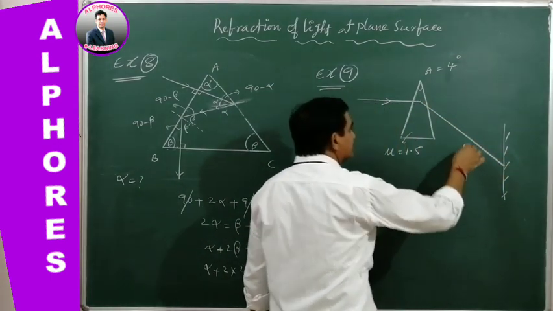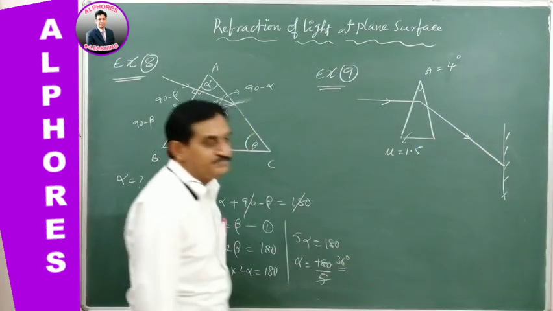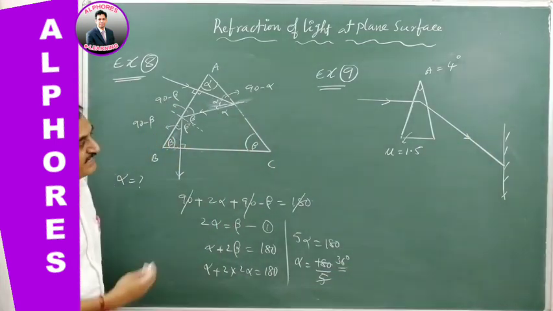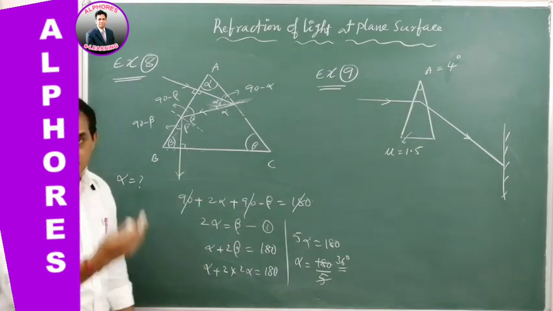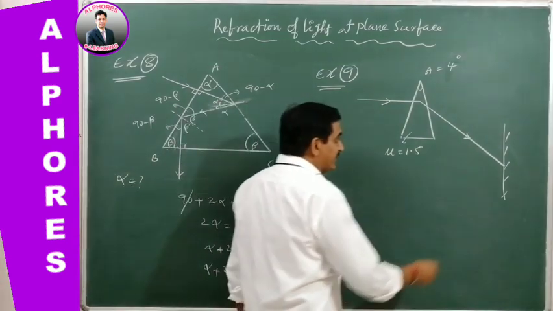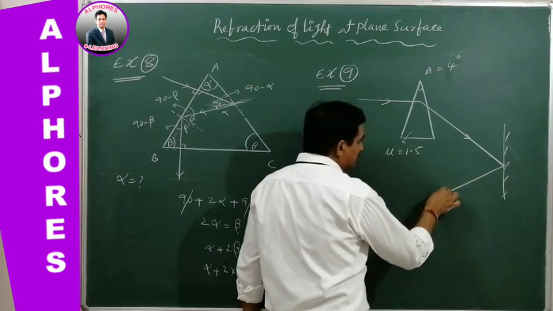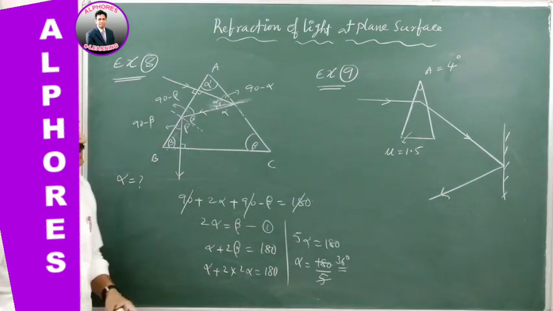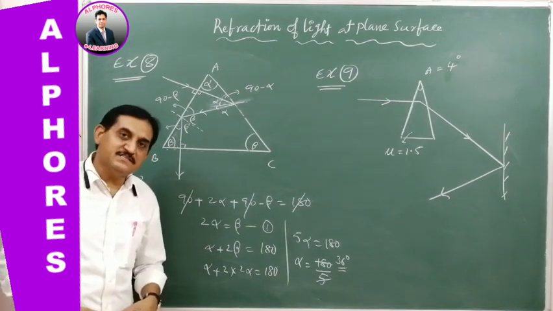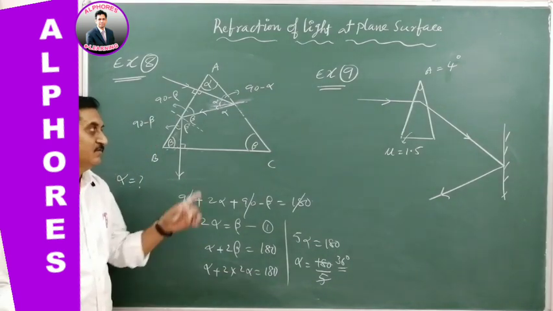After refraction it is again incident on a vertical plane mirror placed somewhere as shown in the diagram, and it undergoes reflection from this mirror. Okay. Now the question is, what will be the total deviation suffered by the light?